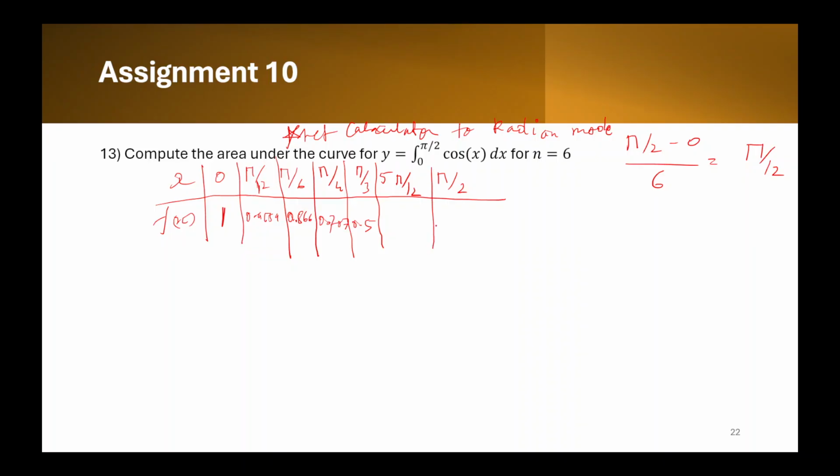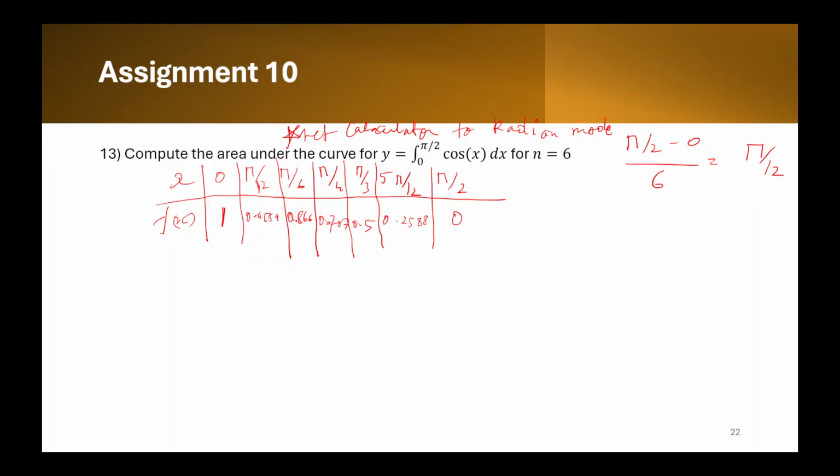Then 5 pi by 12, 0.2588. And cos pi by 2 is 0.